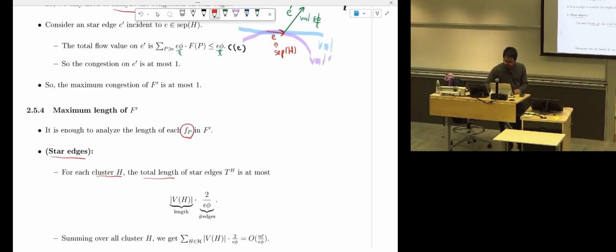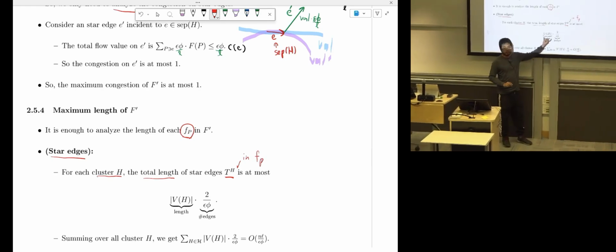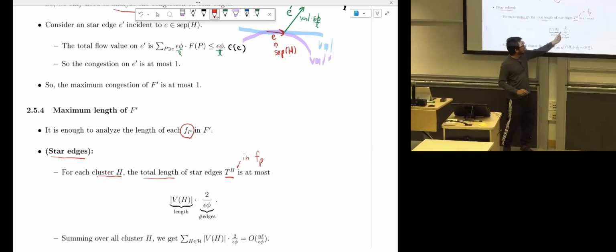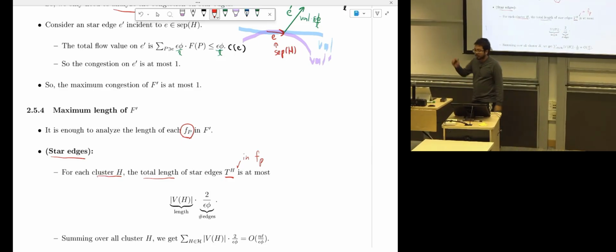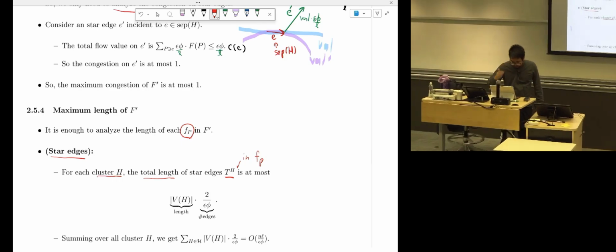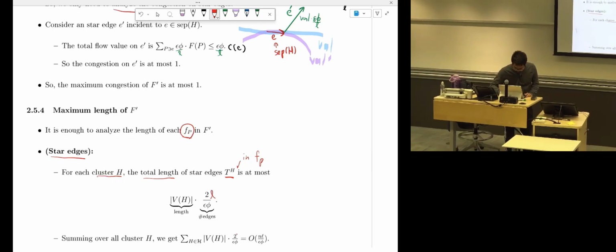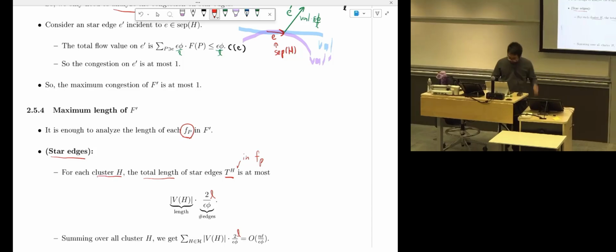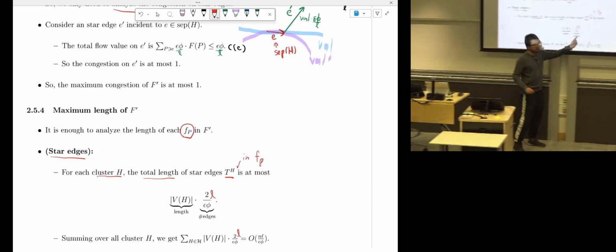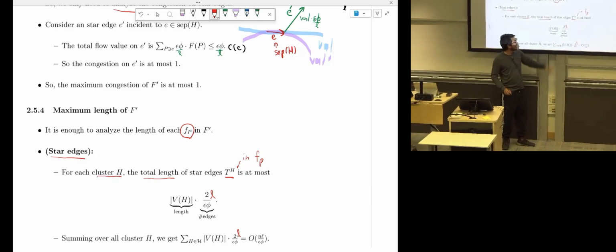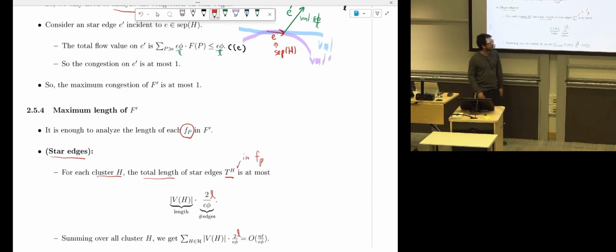The total length of star edges in fp is at most the length of star edges in H times the number of edges that we can use. And then we sum over all clusters.